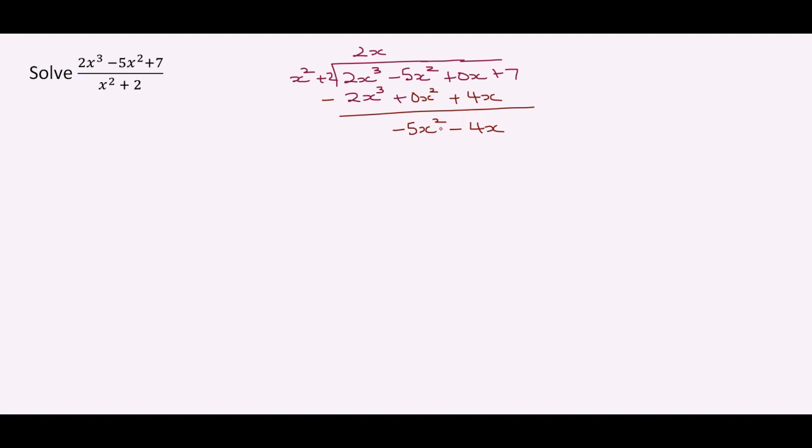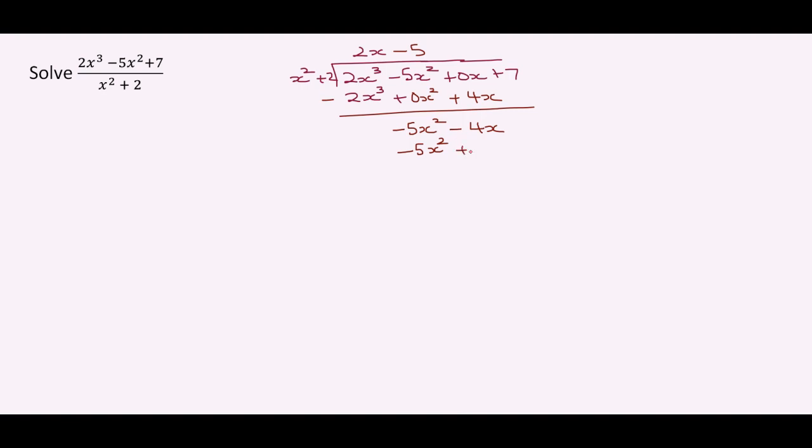So now we're going to divide minus 5x squared by x squared. That's going to give us minus 5. Minus 5 multiplied by x squared is minus 5x squared. Minus 5 multiplied by 2 is going to give us minus 10.